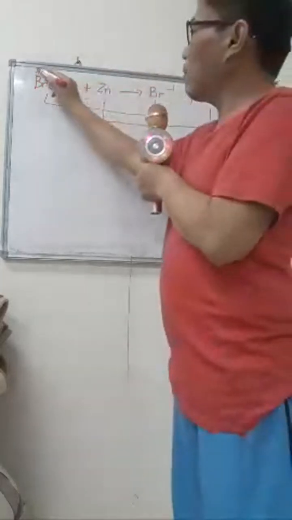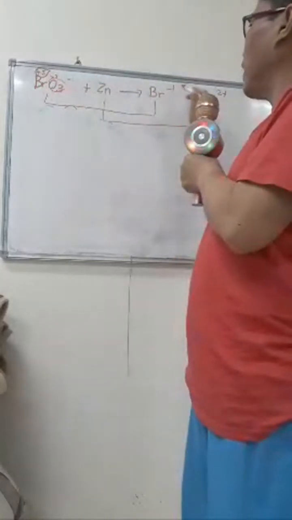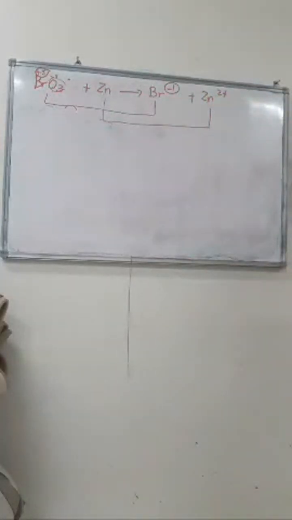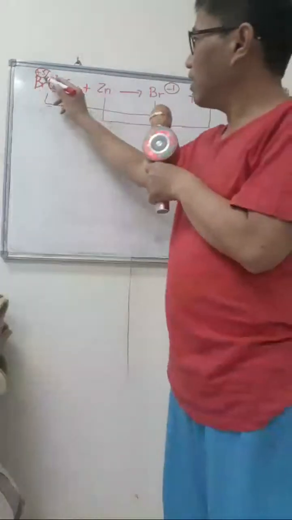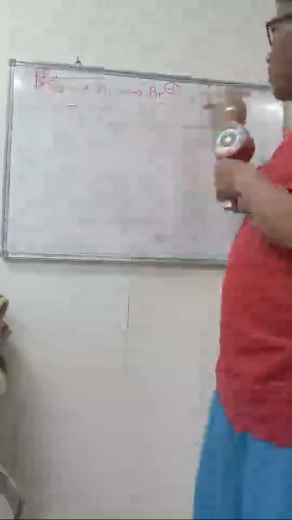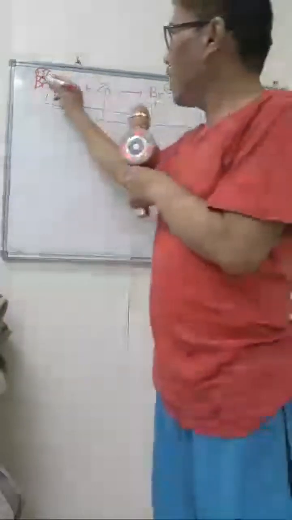Bromine starts from positive 5 and passes to negative 1. What does it mean? It reduces the oxidation state. Once it reduces the oxidation state, it's obvious that it gains electrons. See? The positive 5 becomes negative 1 in the product, meaning a gain of electrons.